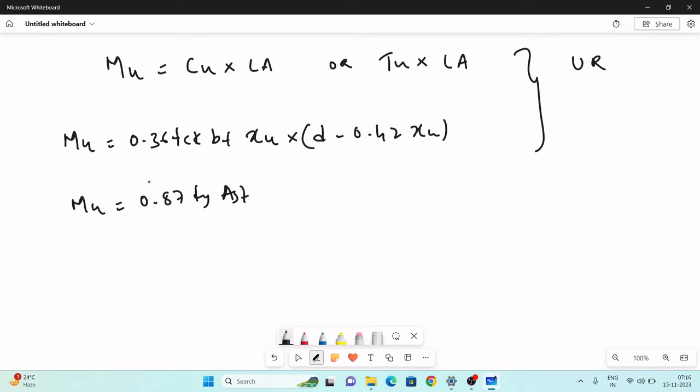This is the total tensile force, into lever arm. The lever arm is d minus 0.42 XU. Okay, so you can choose any formula, or you can use both formulas. Whichever formula gives the lesser value, that will be the moment of resistance of the section.